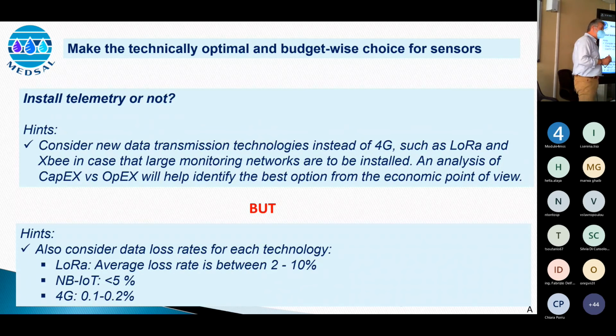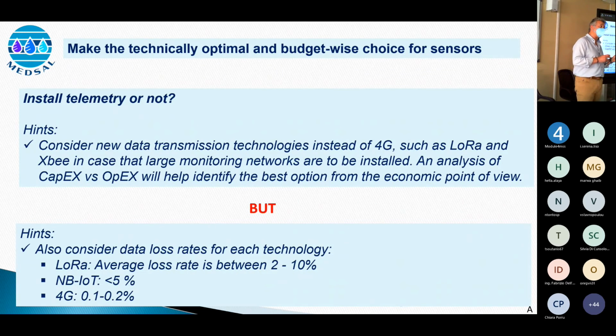To decide on this, you need to do an analysis of the capital expenditure and operational expenditure incurred in both cases. But definitely, you don't go for a LoRa or an XB protocol if you don't have many, many sensors that need to be installed and relay the data to the cloud. But if you have many sensors, then this might be a very good option.